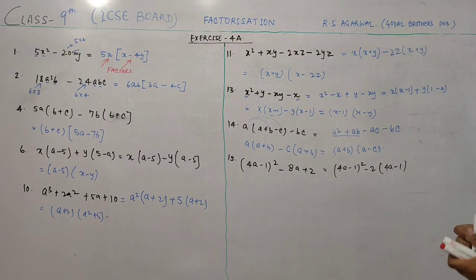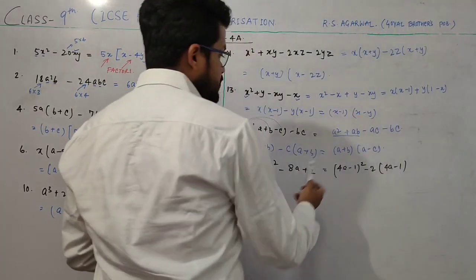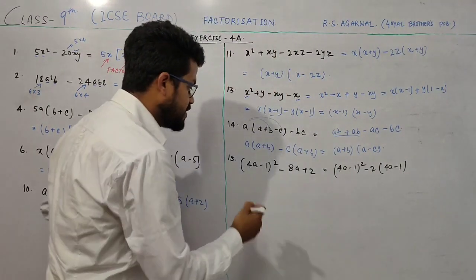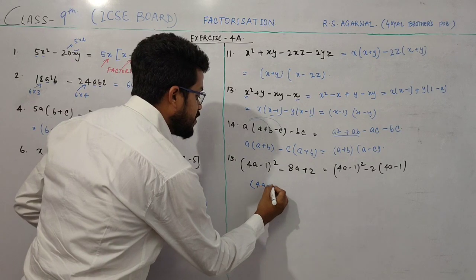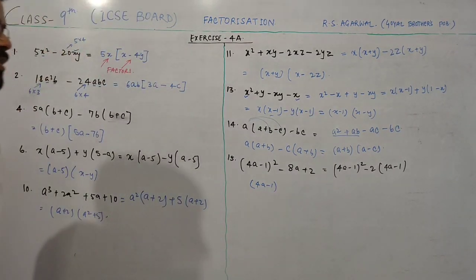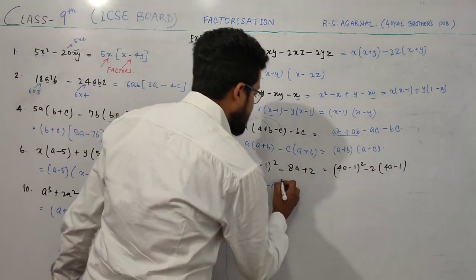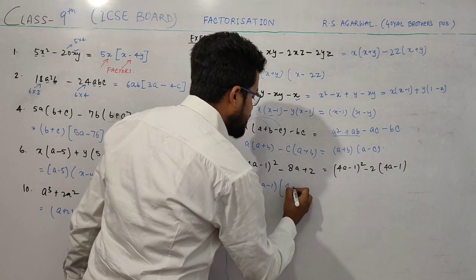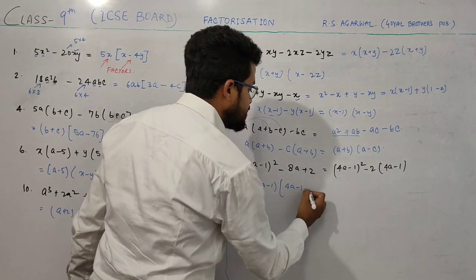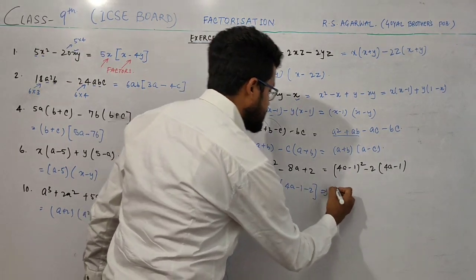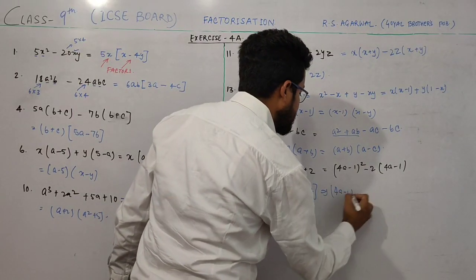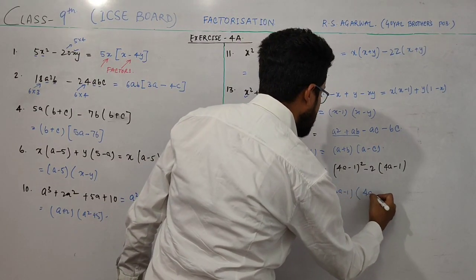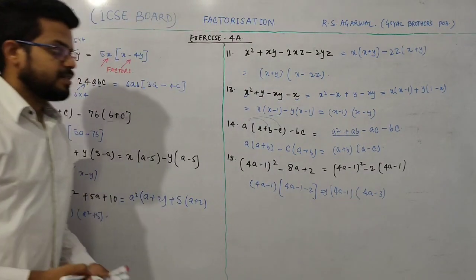Now this is 4 minus 1 and this is 4 minus 1, so I easily take common 4a minus 1, and the remaining one is 4a minus 1 is left and this is minus 2. So this is 4a minus 1 and this is 4a minus 3.